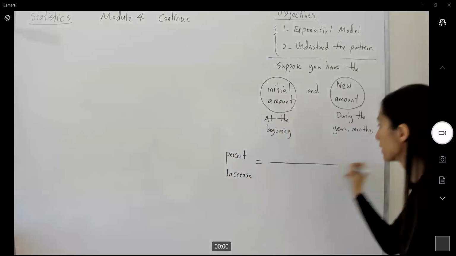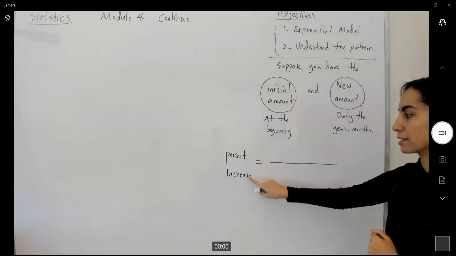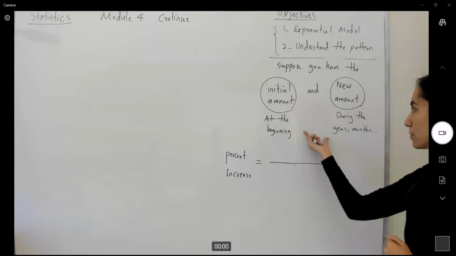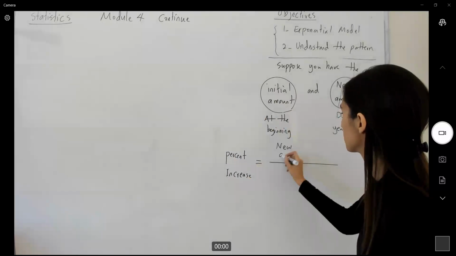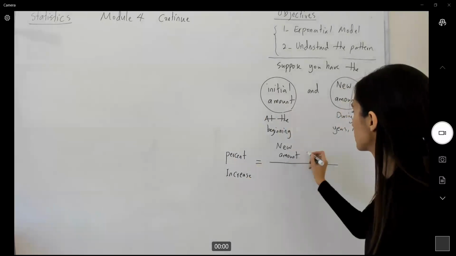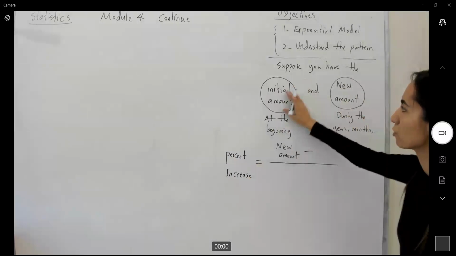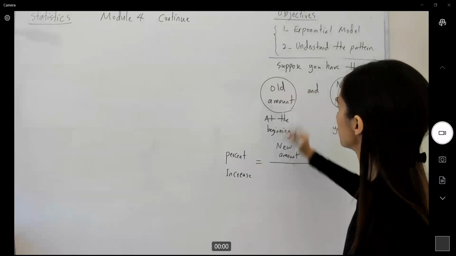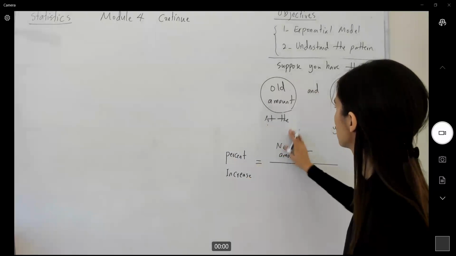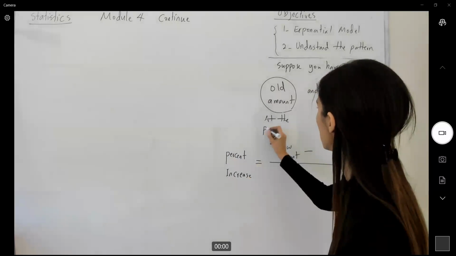We have to do a little bit of algebra. Percent increase, you have your new amount minus the initial amount, or you can say an old amount. It's easier to write it this way, at the previous time.